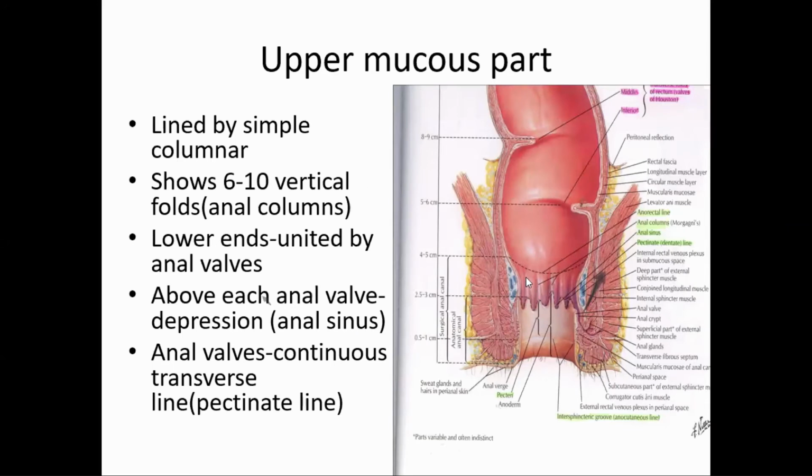So what are anal columns? Anal columns are longitudinal vertical mucosal folds, which are formed by reduplication of the mucous membrane.